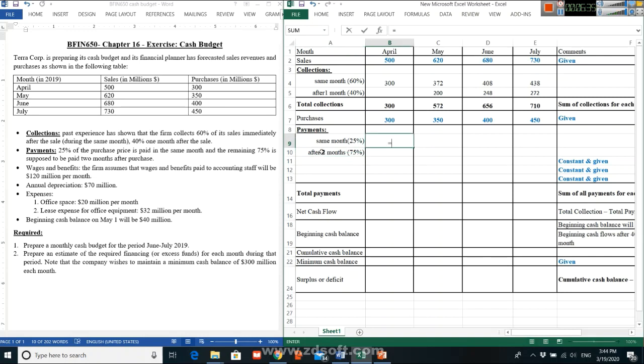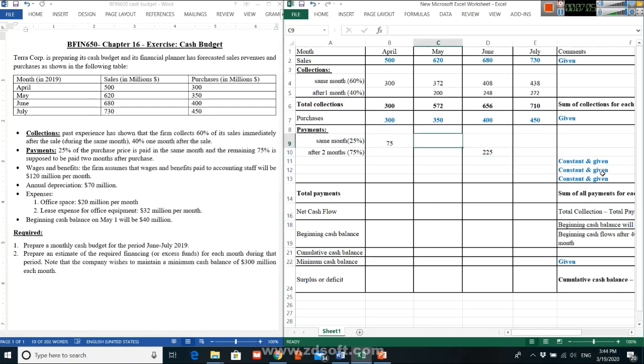So during April, we will pay 0.25 times the amount of purchases in April. The remaining amount will be paid after 2 months, so April, May, June. So in June, 0.75 times the amount of purchases in April.